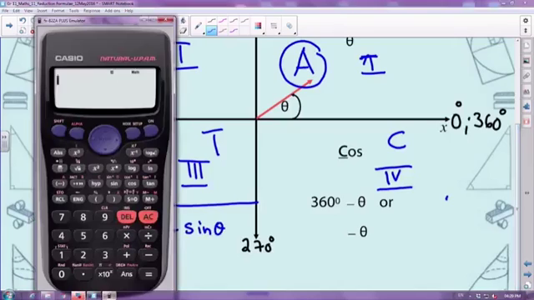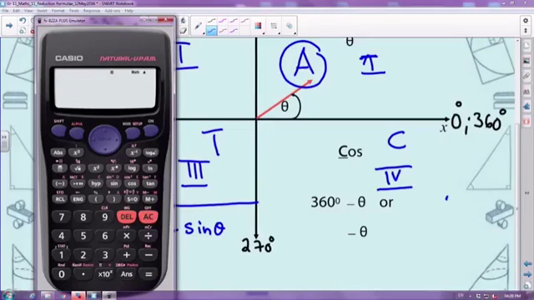Now, let's just check with our calculator. If I give you sine of 210, you see, this is 180 degrees plus an angle, which gives us a negative solution. Now, let's try another example.